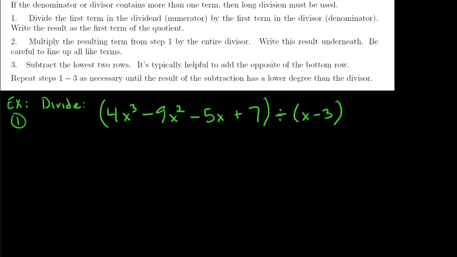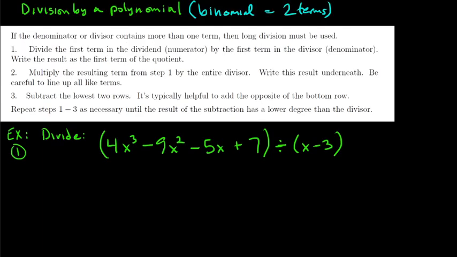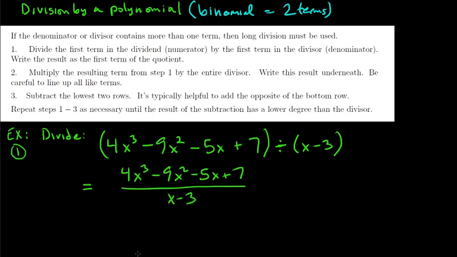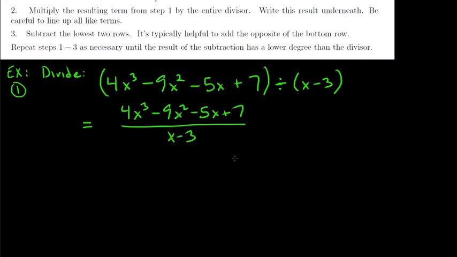Okay, so here's our first example. We're going to divide 4x cubed minus 9x squared minus 5x plus 7 divided by x minus 3. Just be aware that in some cases it'll be written as a fraction, but it's done the same way. The point is that splitting it up doesn't help here.